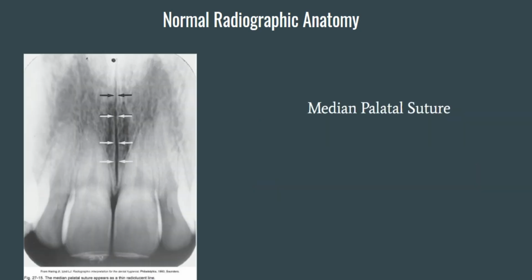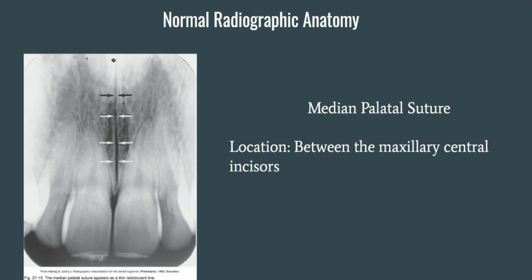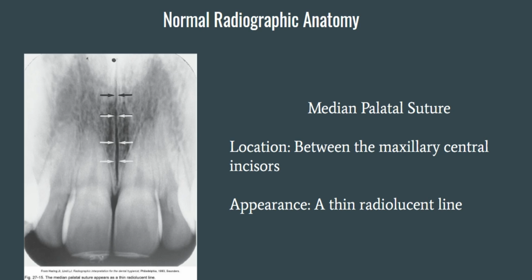The median palatal suture is also going to be between the maxillary central incisors. It's going to be a thin radiolucent line between them. This is something that, as the person ages and that suture begins to fuse, is going to become less distinct on the radiograph, but when you can see it very distinctly, it is going to appear here.